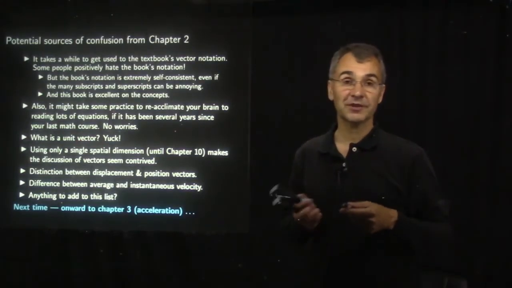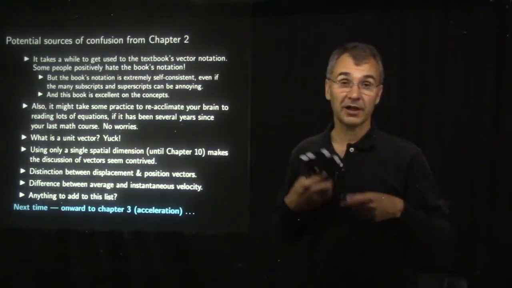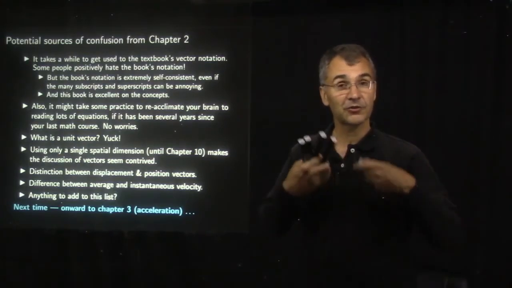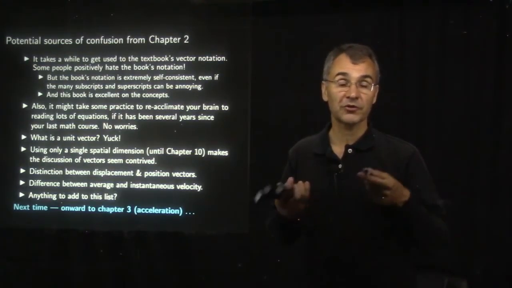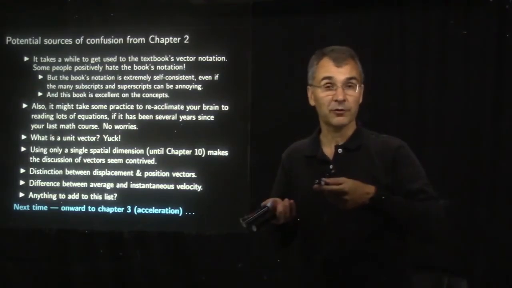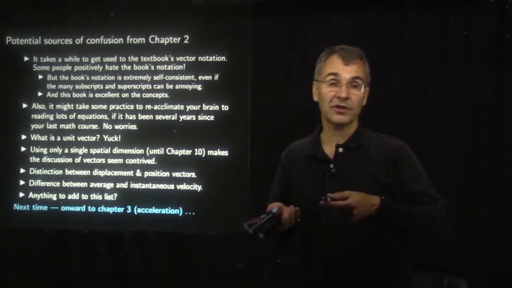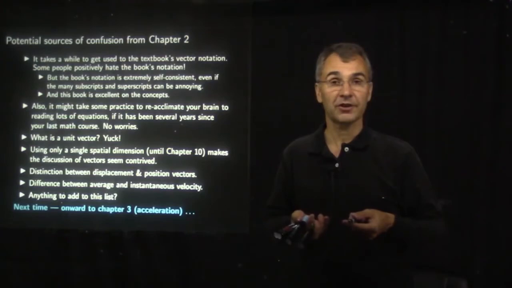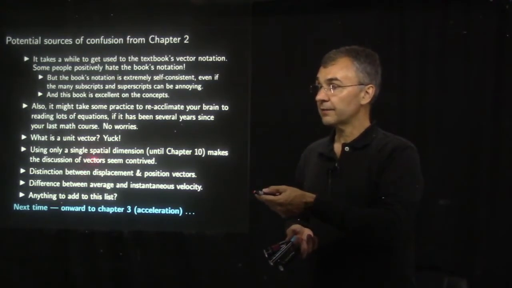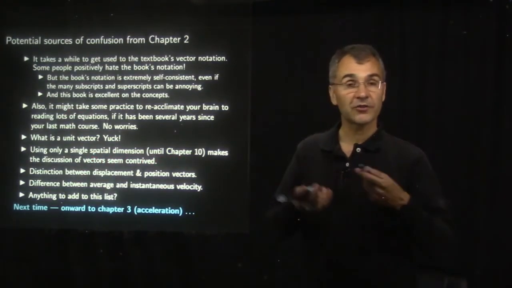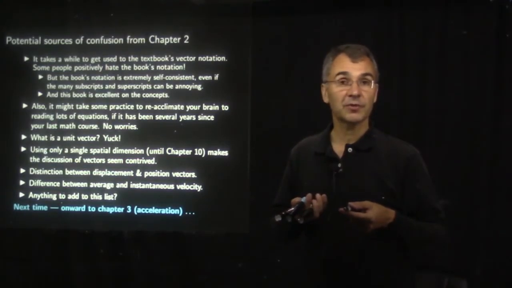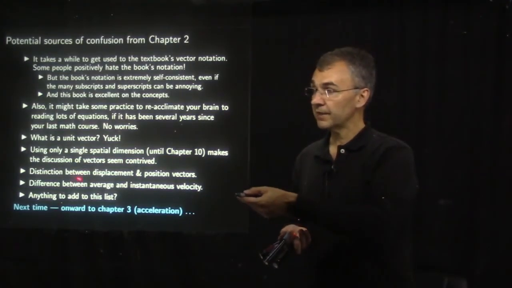The unit vector stuff, again, yuck, but I wanted to talk about it enough that you see what it is, but in our own problems, we'll say things like forward or backward or east or west. We won't say I hat and J hat very often. Okay, again, the use of vectors seems a bit contrived at this stage because there's only one direction we're going.